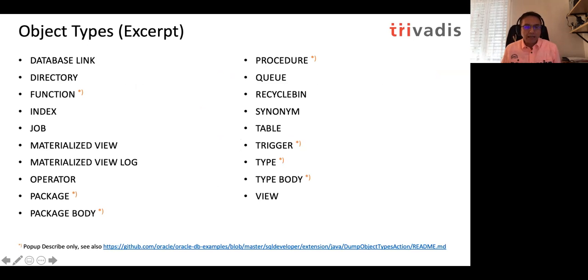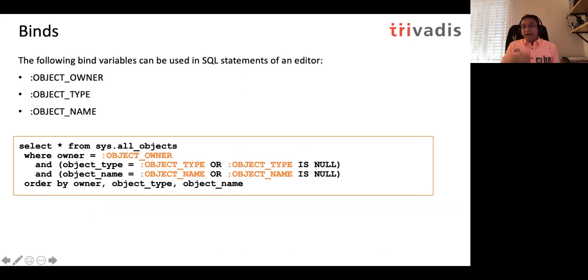What are the object types you may use? Basically everything. You get a list on GitHub. That's not that important to go through. What are the bind variables you get? Obviously, this information is based on the connection tree I am on. I have an owner that's based on the connection, and I have an object type, also from the connection tree, and the name.